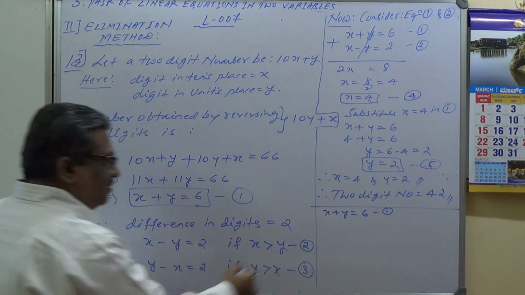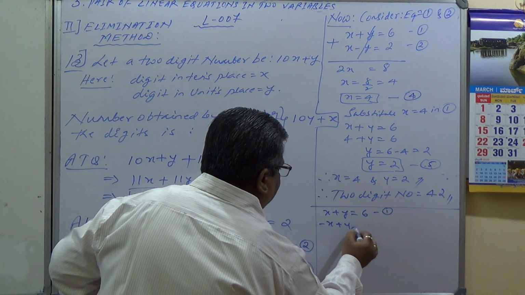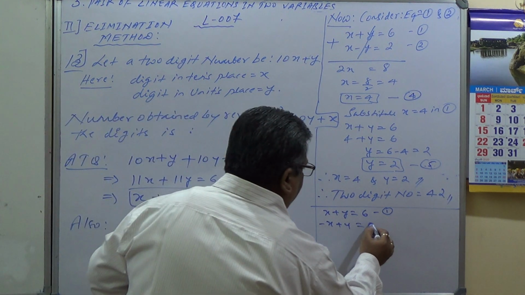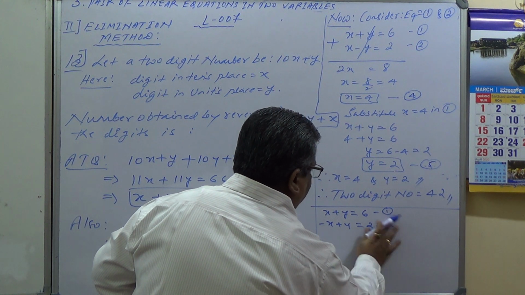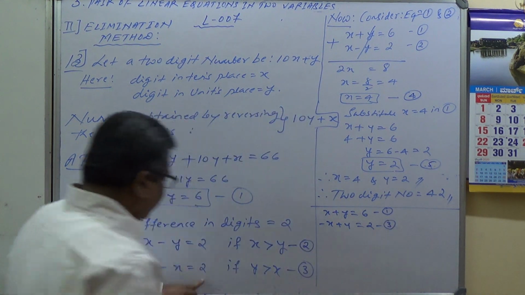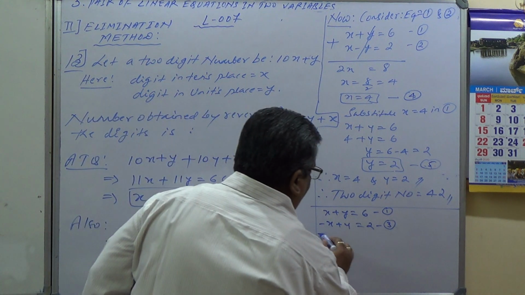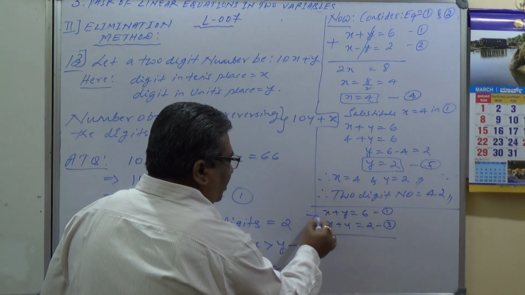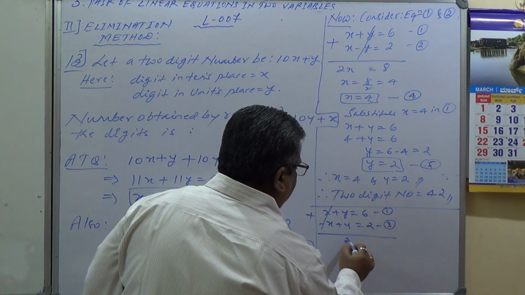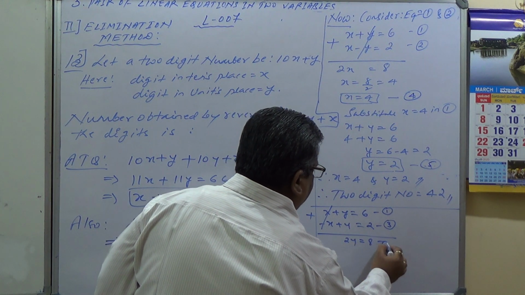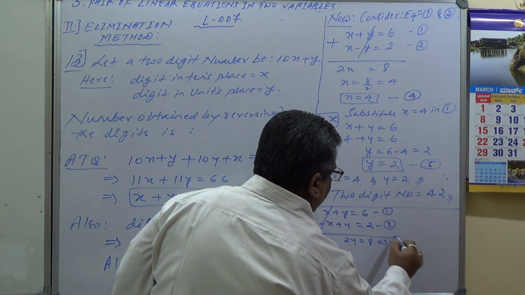I hope you understand that. Minus x plus y equals 2. This is the third equation. So how do you eliminate? By simple addition, this will get eliminated. 2y equals 8 implies y is equal to 4.